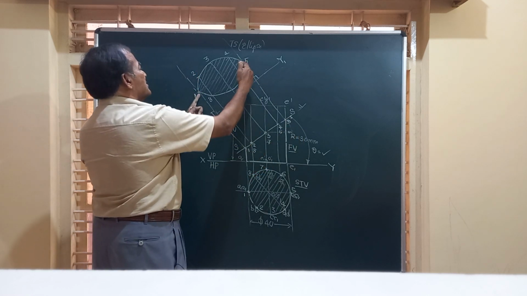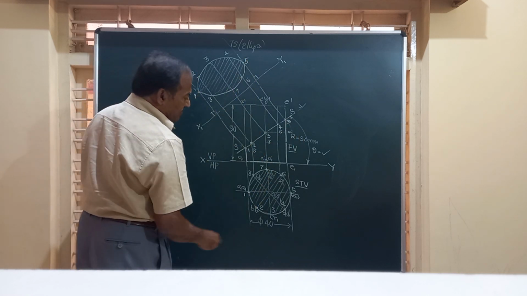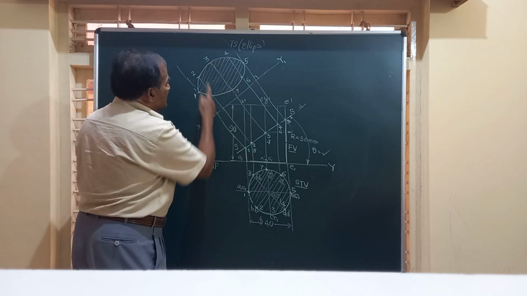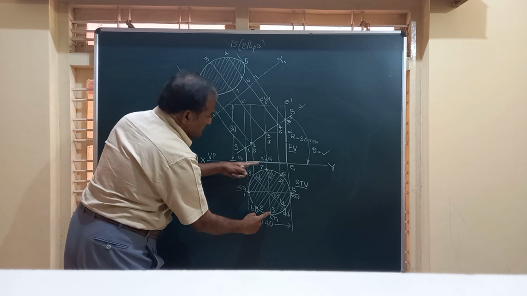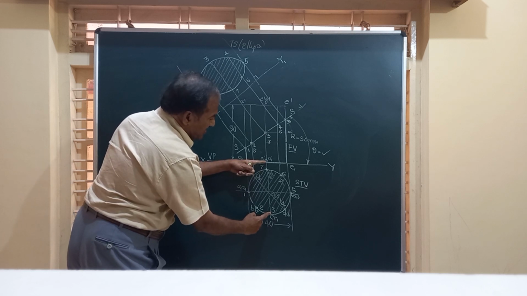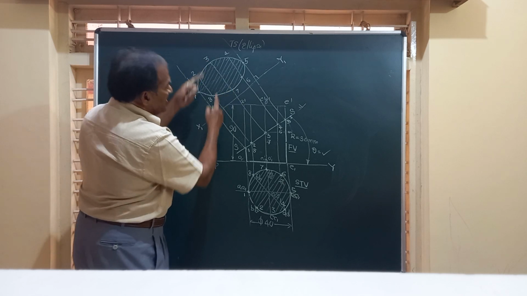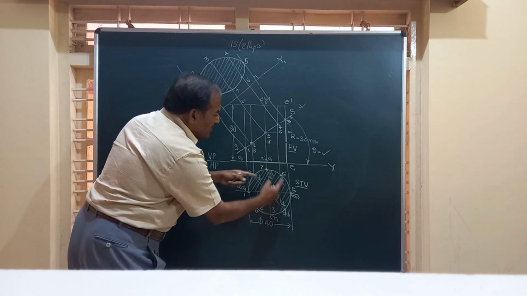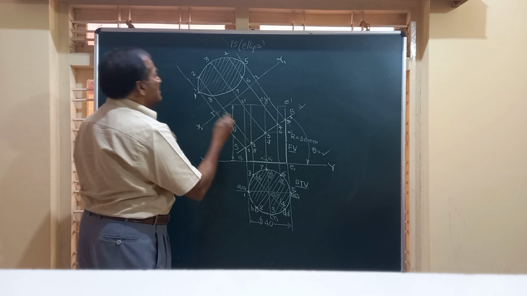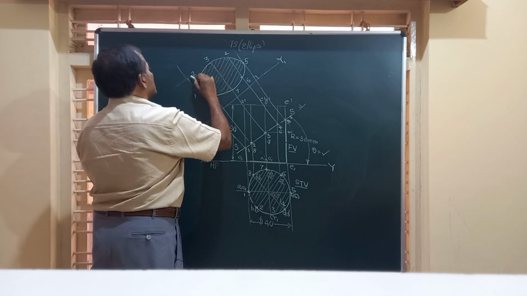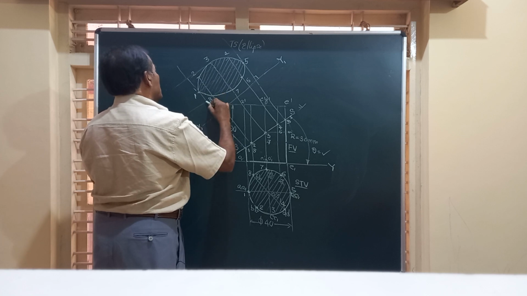And the minor dia, if you observe friends, this is the minor dia. 3 is here at a distance of so much. 7 is here. So the distance between 3 and 7 is nothing but the diameter of the cylinder. So this is the concept on which we have worked this out.